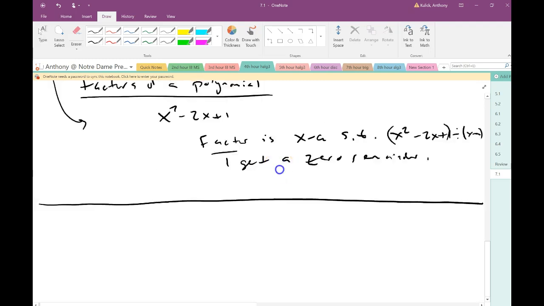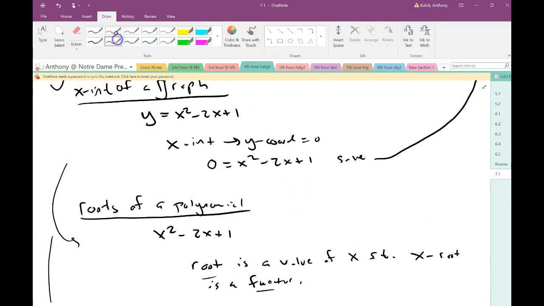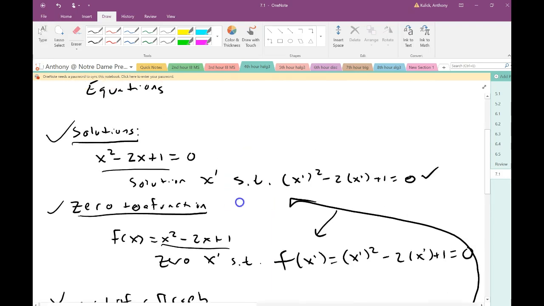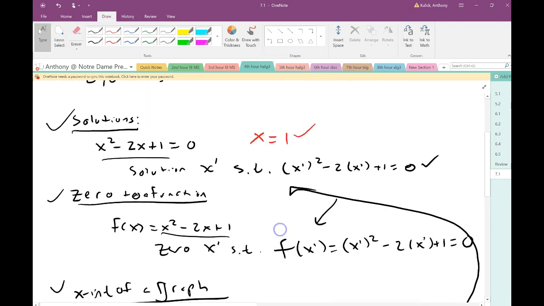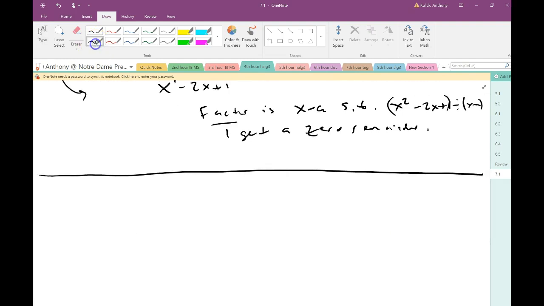So for example, if I solve this thing, I'd get x equals 1. And we can check just by inspection that 1 minus 2 plus 1 is indeed 0. If I take that and I just subtract 1 from both sides, this is my factor, and it's also, in this case, the way it's written, a root. Good, that's easy enough to do.